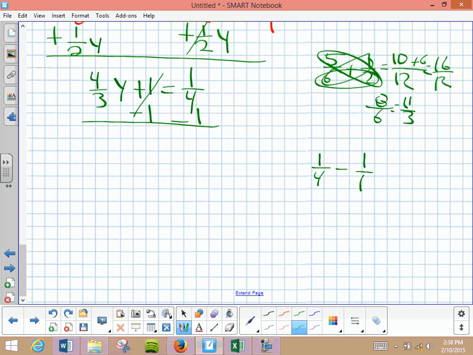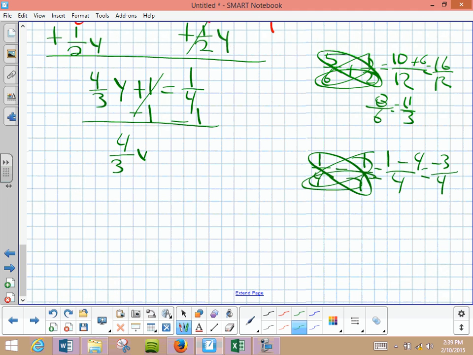Because the whole number you put over 1. Negative and minus are the same thing. Ah, come on, pre-AP. So we get negative 3 over 4, right? So I get 4 thirds y equals negative 3 over 4.